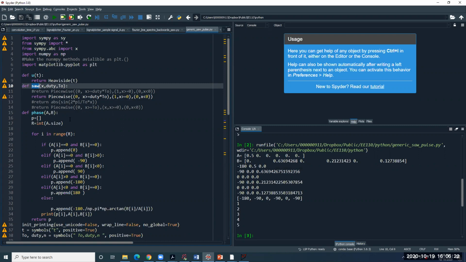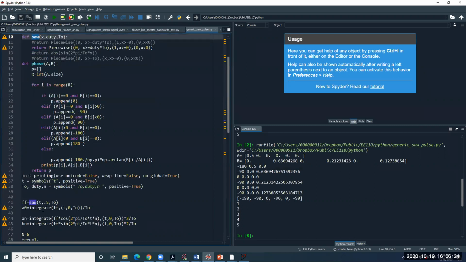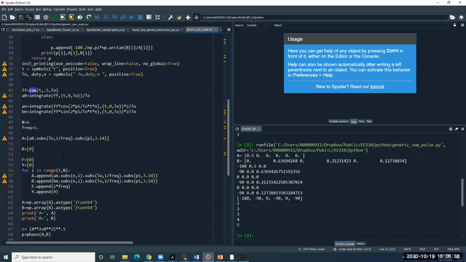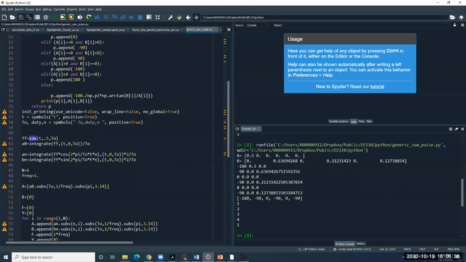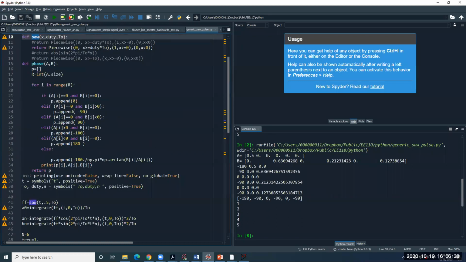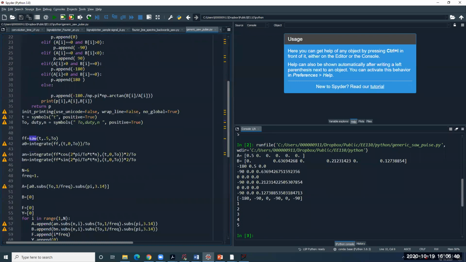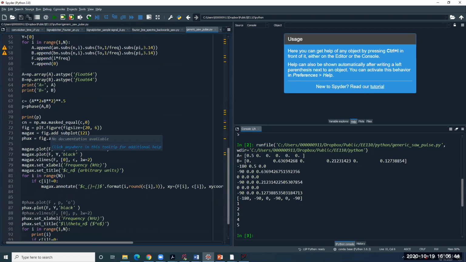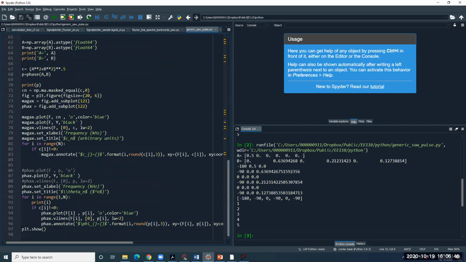This is set up to be a 50% duty cycle. And so it goes through all the code of finding the A and B constants and then plotting them and then actually finding the phase.